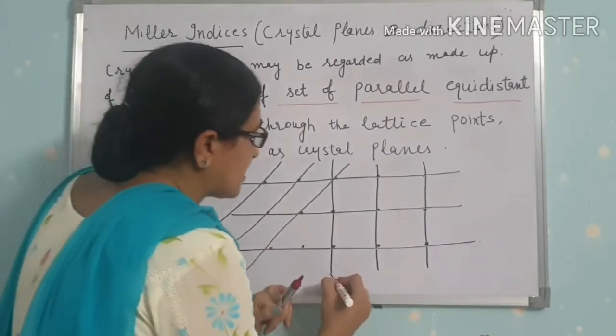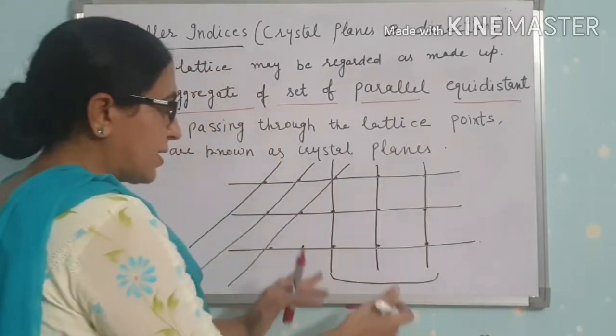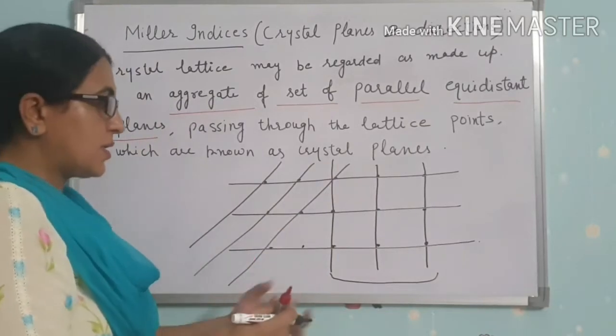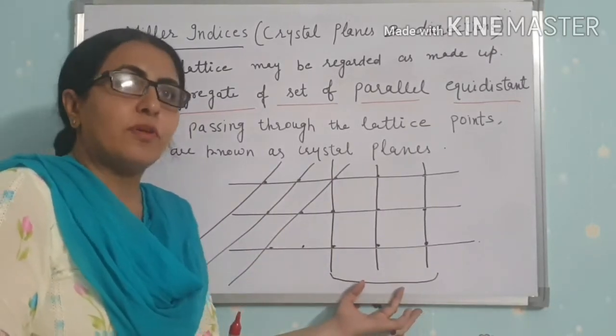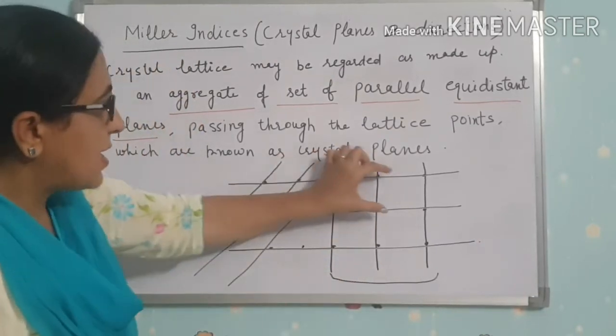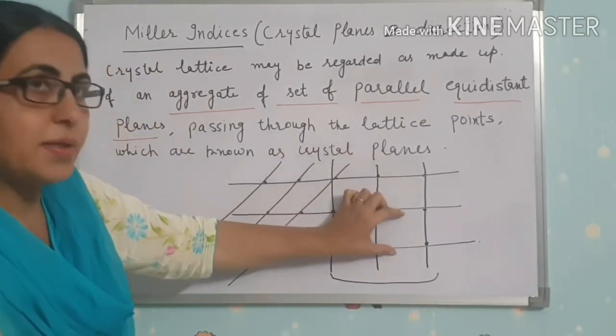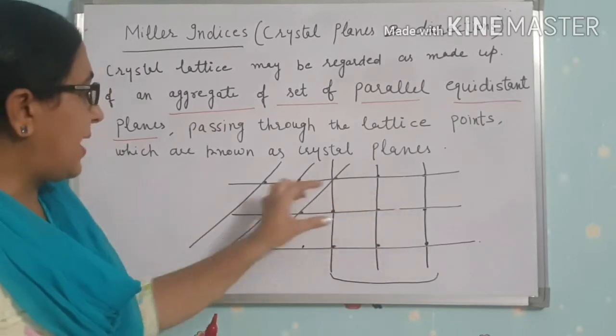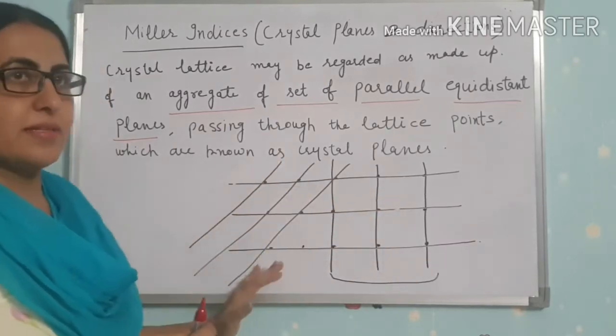So when we join these points in this way, this is one set of parallel and equidistant planes. Clear? And this is another set of parallel planes, and this is another set of parallel planes.